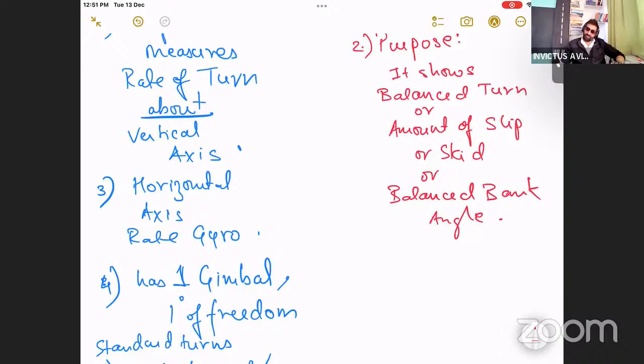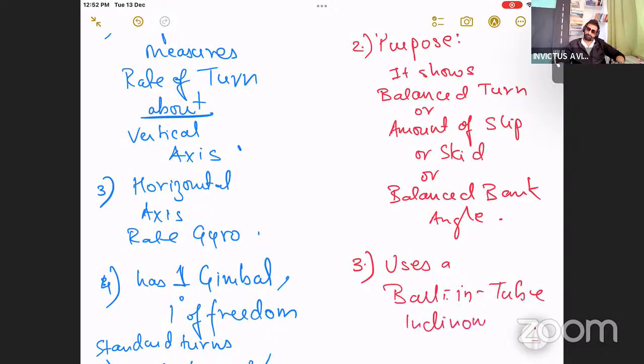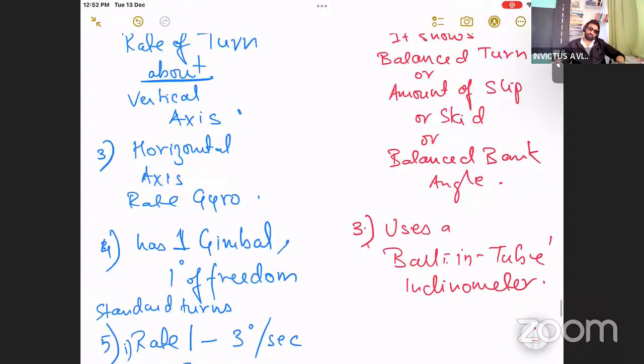It uses a ball in tube inclinometer. So there will be a glass tube, a ball, and some liquid, so that the liquid enables the pendulous effect.